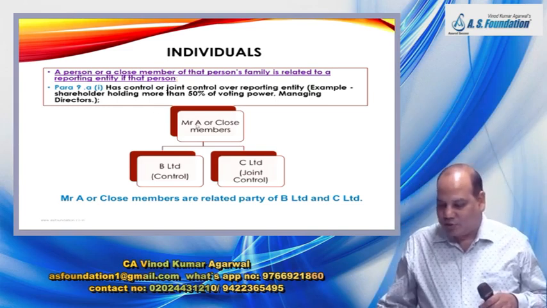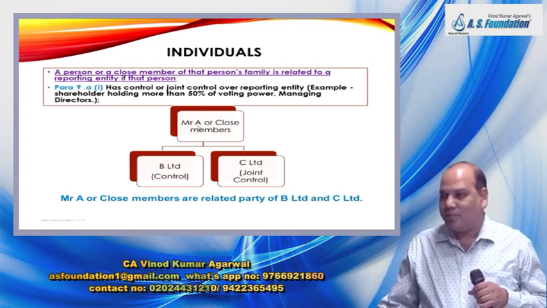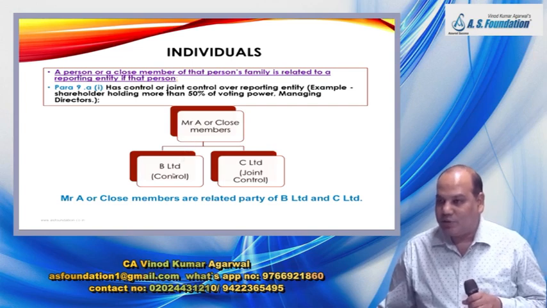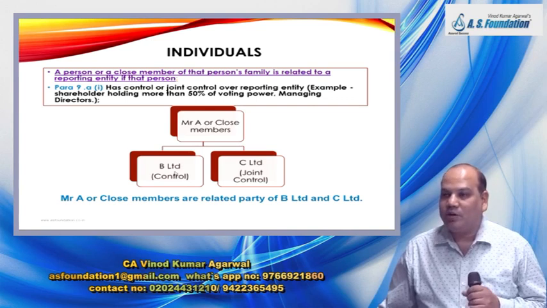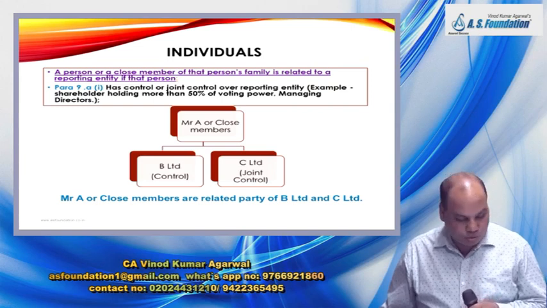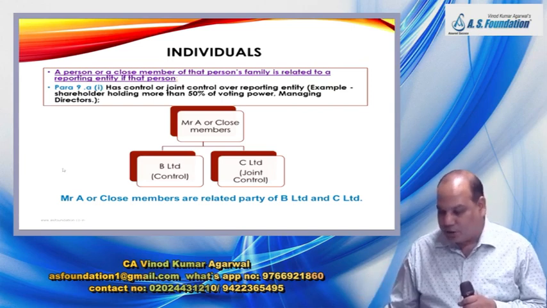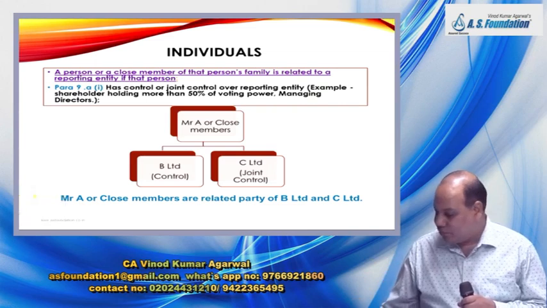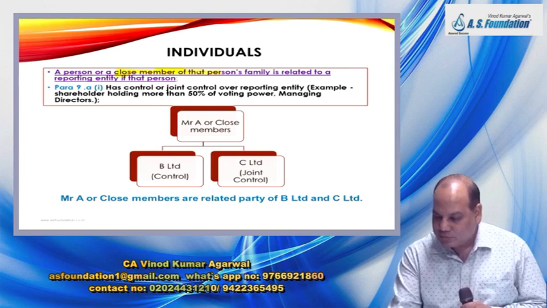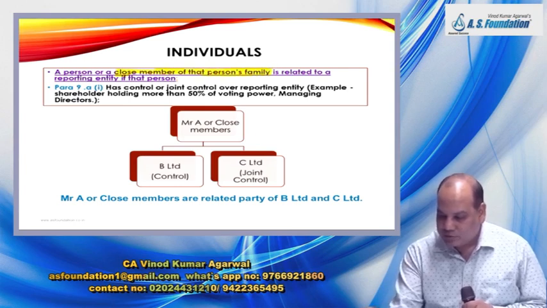If Mr. A is holding say 51% share in a company, not only will Mr. A become a related party of B, all his close members will become related parties of B. Close member is given in the definition paragraph, so till that time we will wait. This word close member is defined separately. So wait for some seconds.